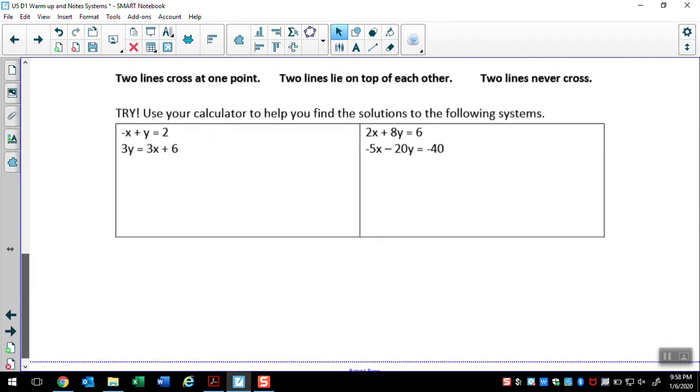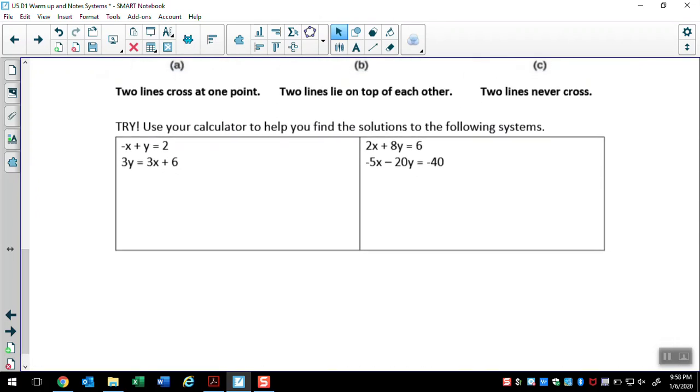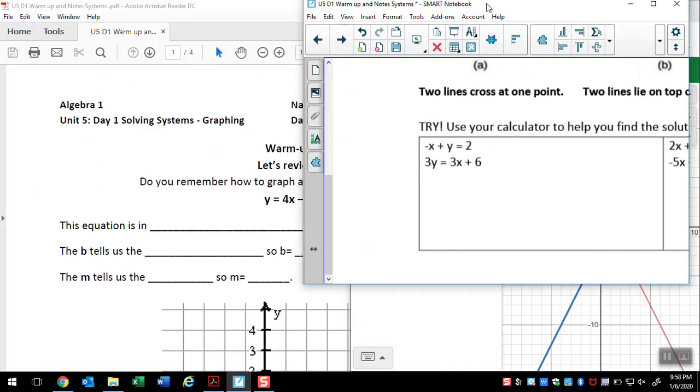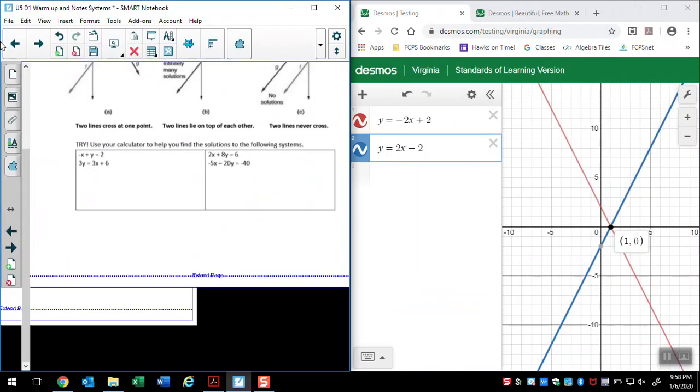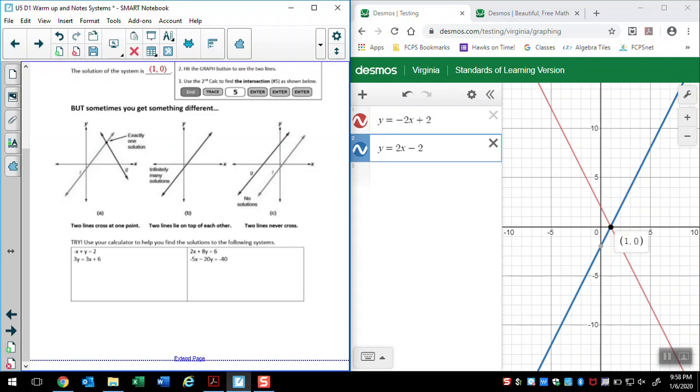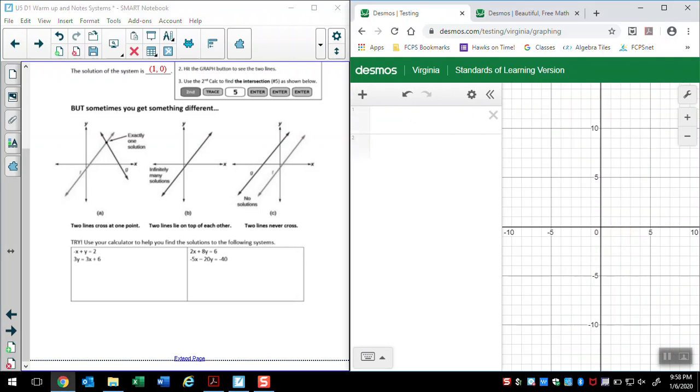All right, so we're going to come down here, and I'm going to show you the nice thing about Desmos that we cannot do in the graphing calculator. So I'm going to clear these two out just by hitting those X's. The great thing about Desmos is it doesn't matter what form that equation is in. I can just type it in. Okay? The graphing calculator, we have to convert them over to slope-intercept form.